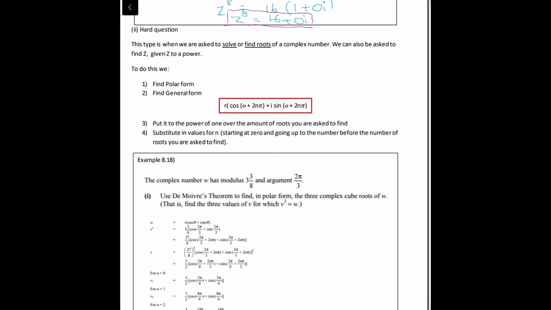So to do this, what we need to do is find polar form, which is what we were doing. Find general polar form. Now our general polar form is slightly different. So instead of this one, we have r cos theta plus 360n plus I sine theta plus 360n.